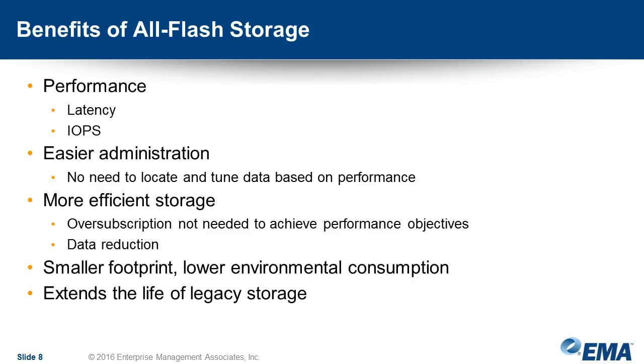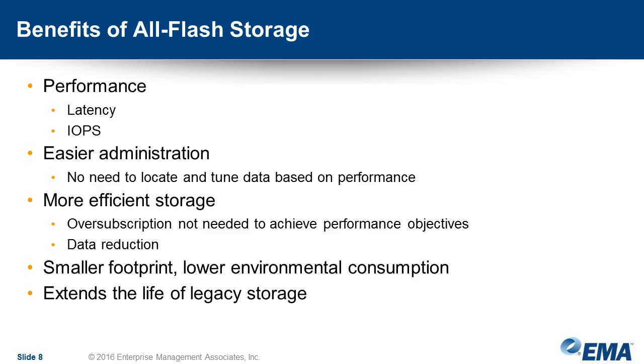Also, data reduction, deduplication, which has been used for years on spinning disk with secondary type storage, backups and archives where performance is really not that strong of a requirement, really wasn't viable for primary storage, primarily because of the impact on performance, especially on the processing end of things.